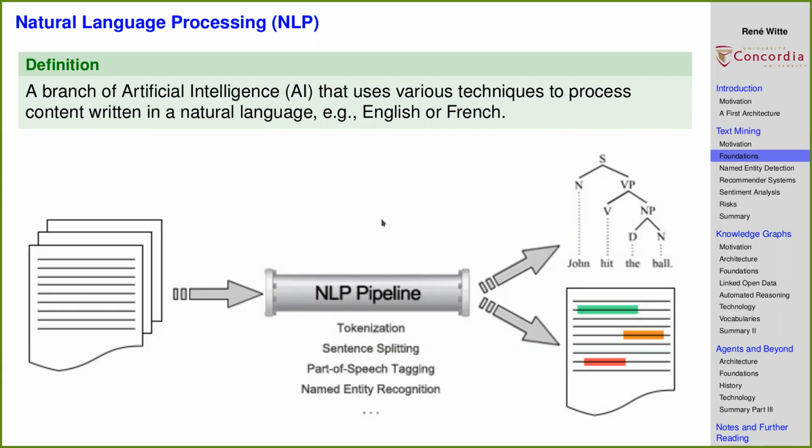You'll see later on in the course, we'll talk about how to implement this. Typically, this is done with some kind of so-called NLP pipeline, meaning you have a number of processing steps that go through the document and then extract the information that you want from the document.